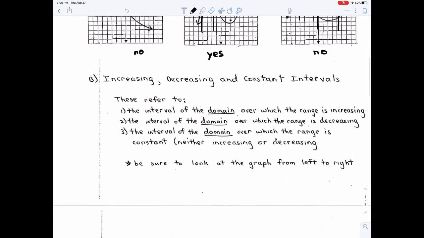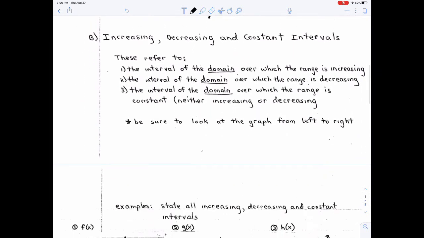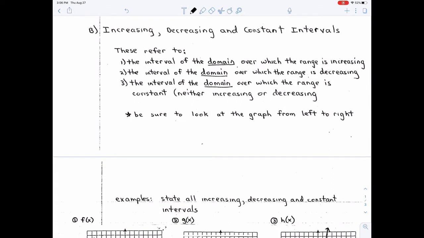Okay, here's the thing that you have to concentrate on: increasing, decreasing, and constant intervals. When you think of a graph, and I'm going to scribble some stuff here on the paper, don't write it down. When you think of increasing, what do you think of? It's going up. Good. When it's decreasing, what do you think? It's going down.